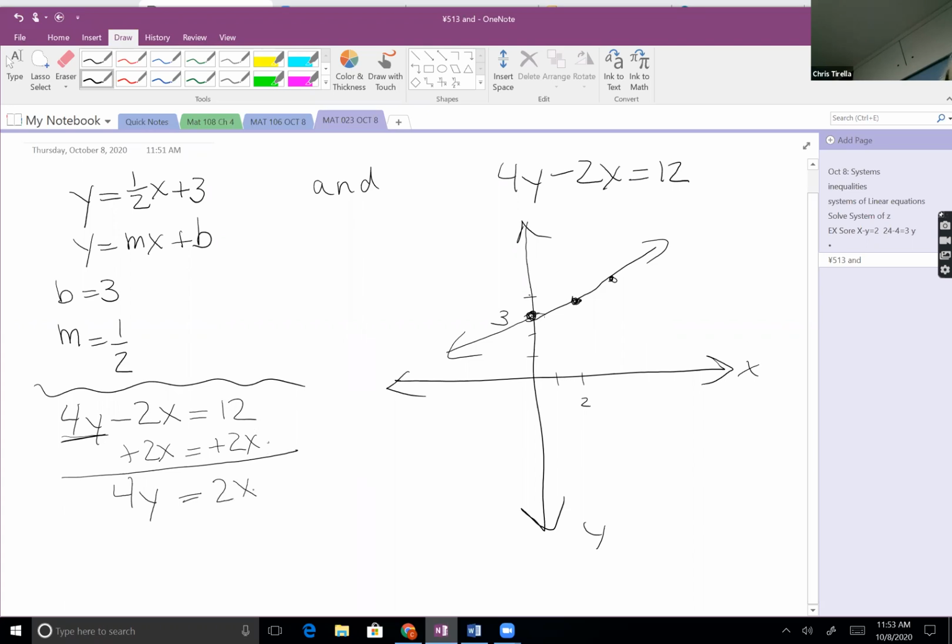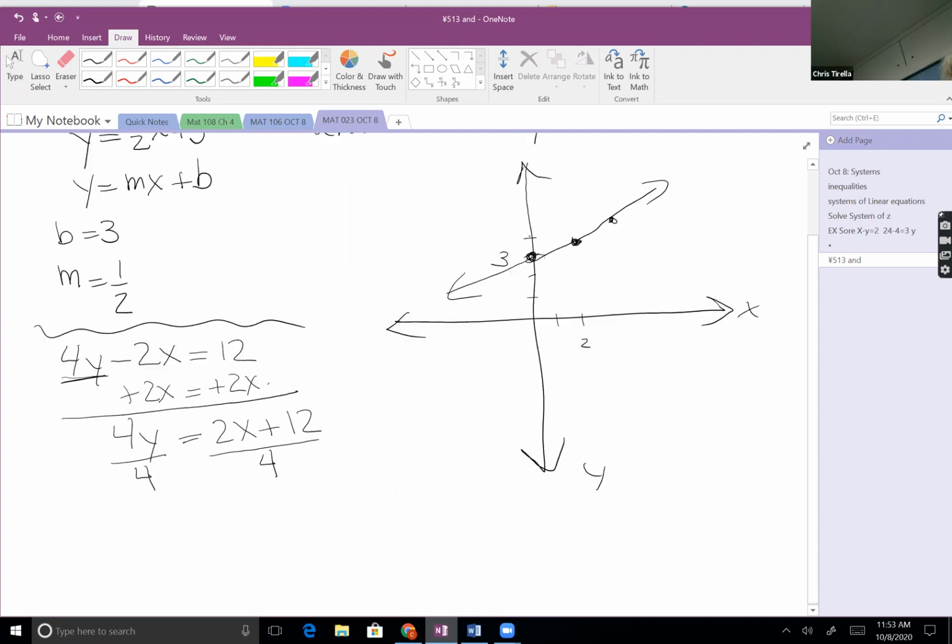So that gives me 2x plus 12. And then to solve for y, we want that coefficient of 1. So I'll divide both sides by 4. And that gives me y equals 2/4 x plus 3. Oh, 2/4 is a half. Y equals 1/2 x plus 3.